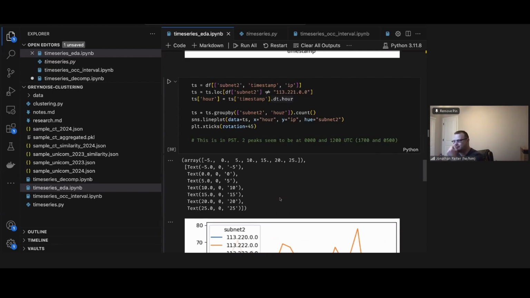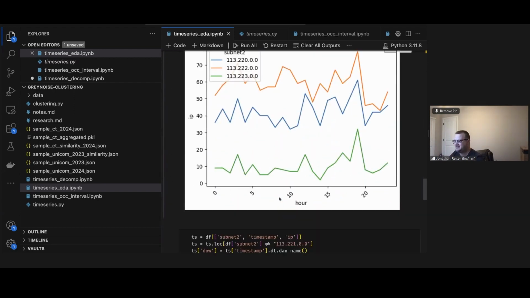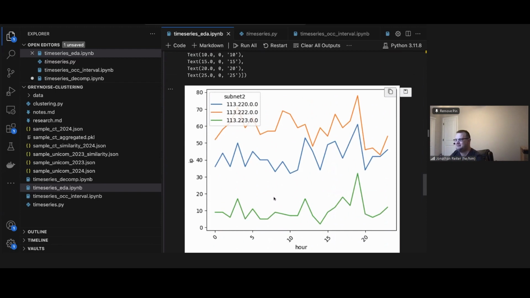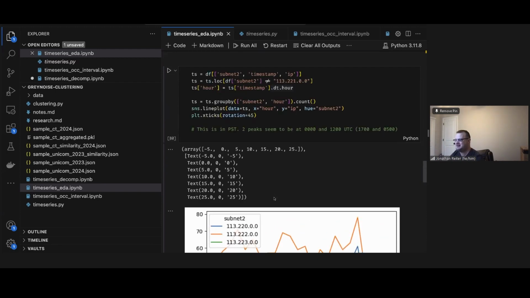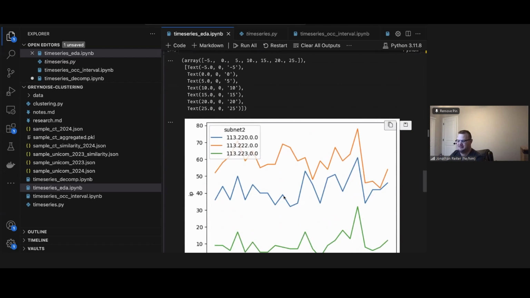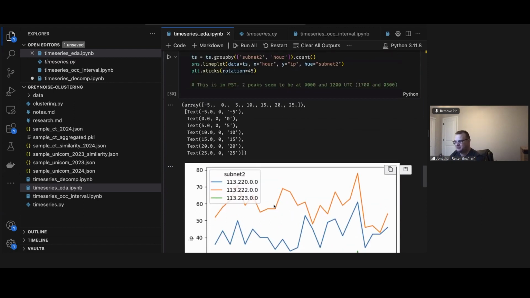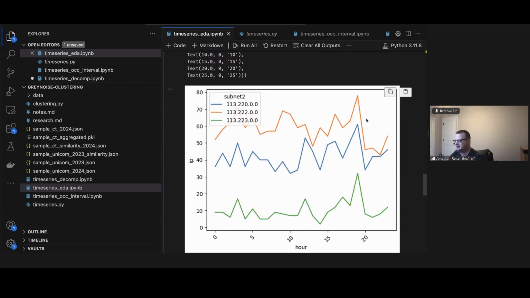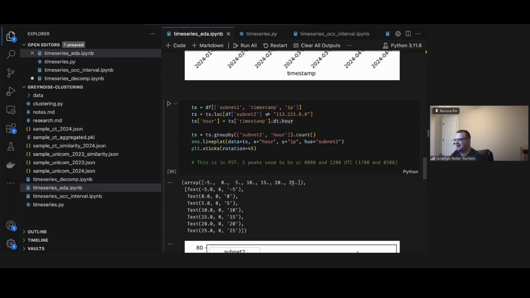Moving forward, I did some analysis on time of day and where things are happening. It's worth noting this is in PST, which is my local time zone. So when you see bumps around 2000 and 0500 PST, it's roughly coherent to 1700 and 0500, roughly coherent to midnight and noon UTC.